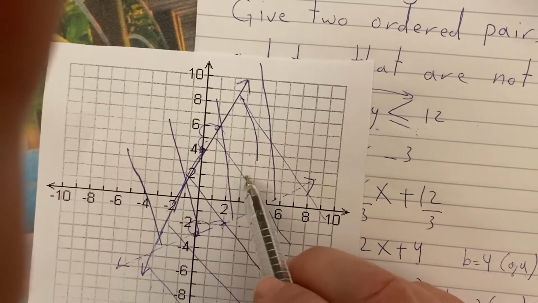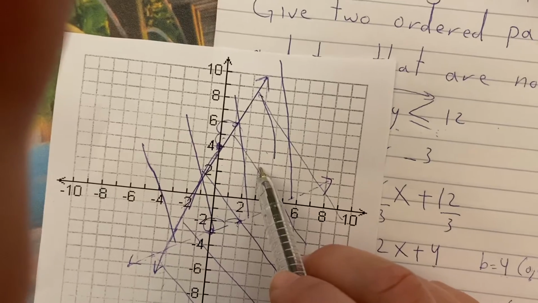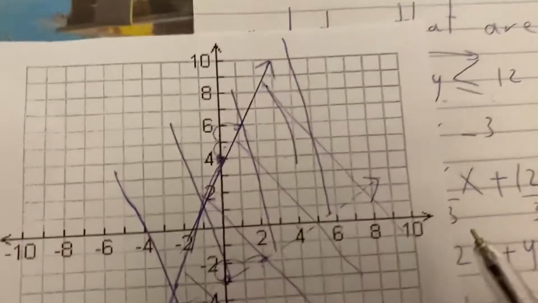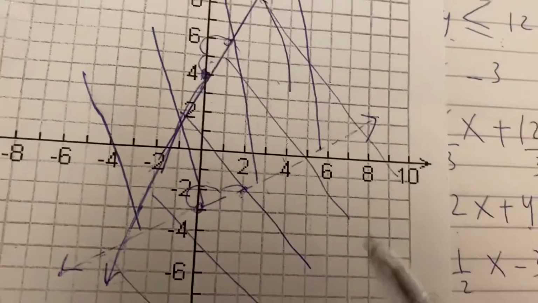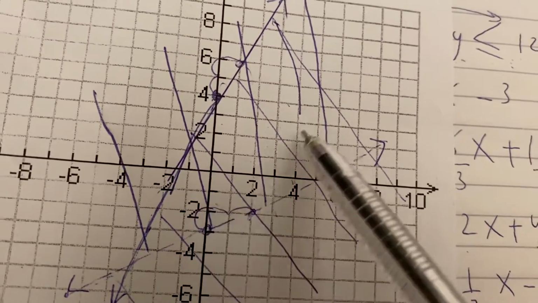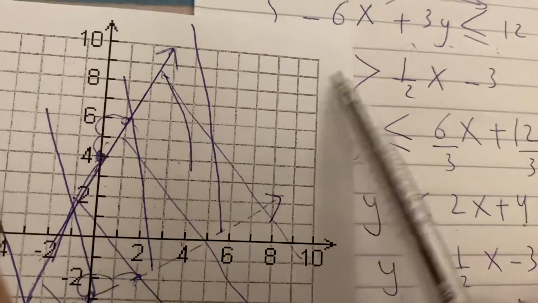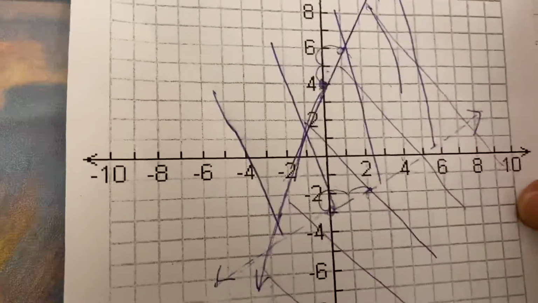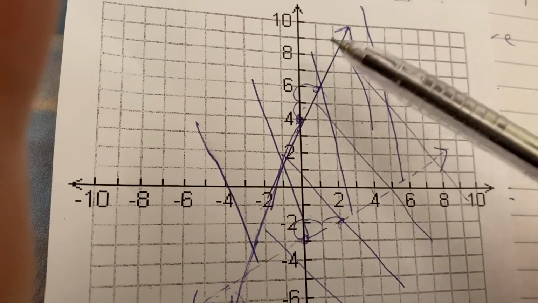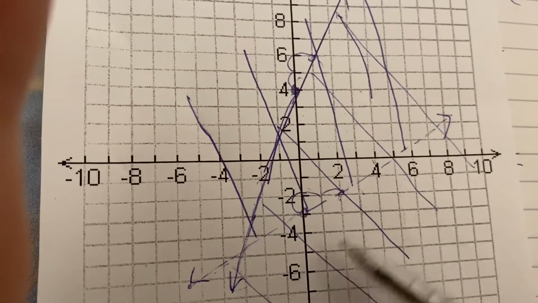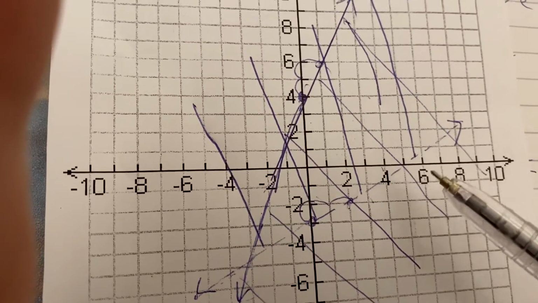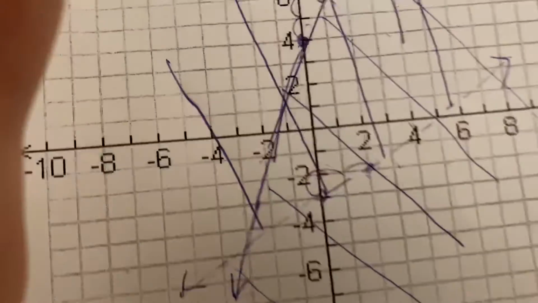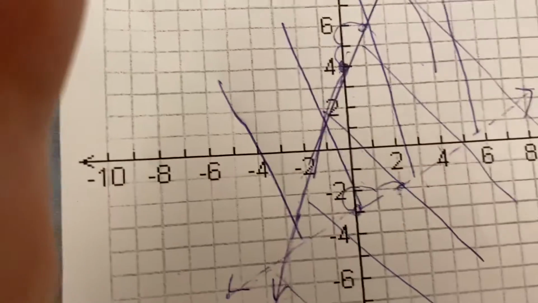So if I choose any ordered pair here, it will be a solution. You can choose any ordered pair within this region of overlapping, or even on the solid line. Any point on the solid line is a solution, but any point on the dotted line is not a solution.